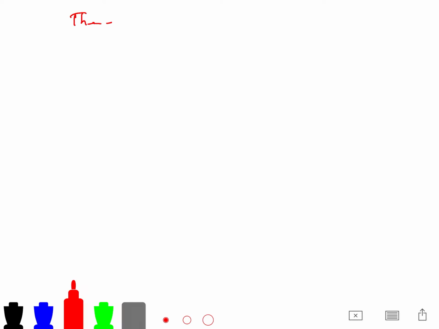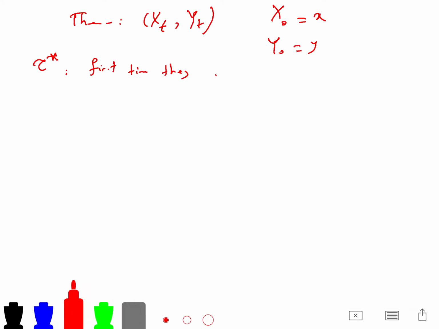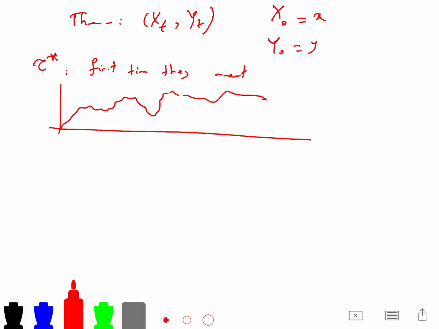The final theorem that I want to say is that if X_t and Y_t are a coupling, we start X at x and we start Y at y, and tau star is the first time they meet. So, for example, here is my stochastic process X of t.